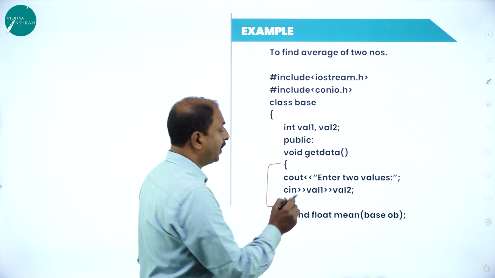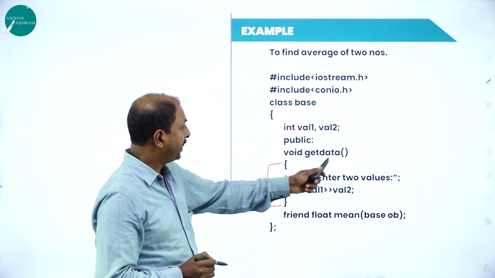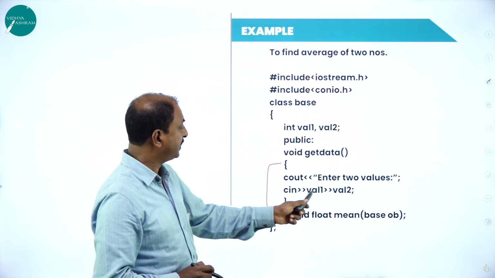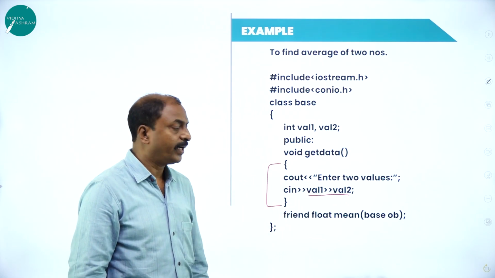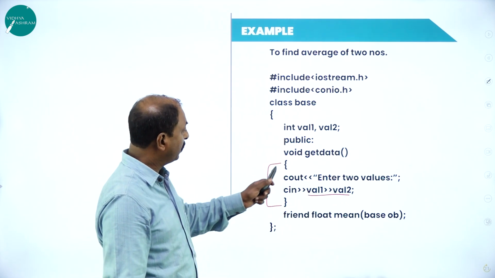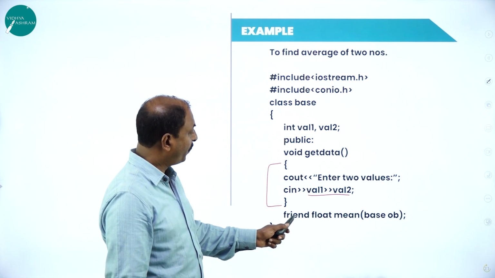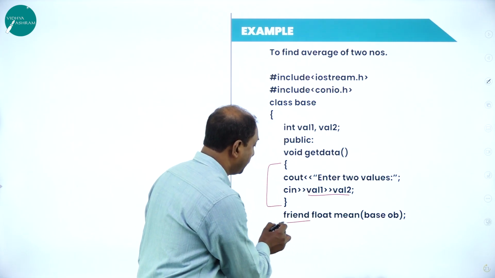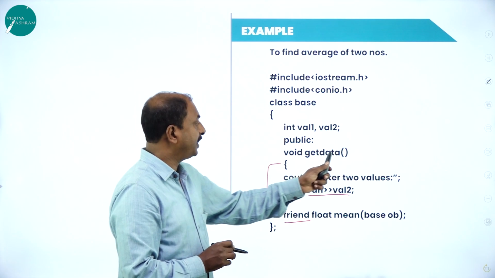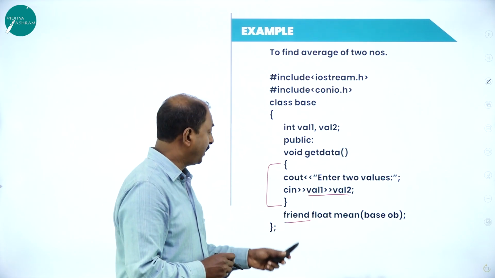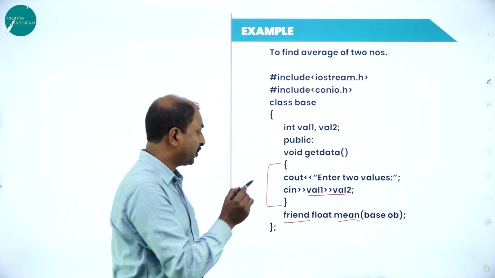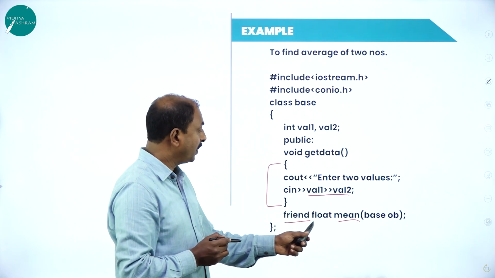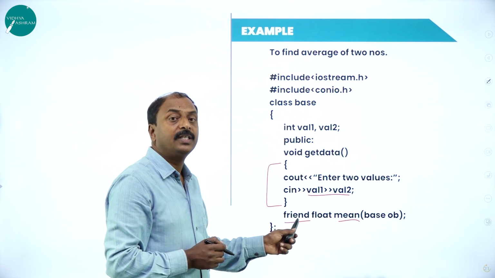This is a normal function, void getdata, where we accept two values for val1 and val2, and close this. Next one is friend. We can make out void getdata is a normal function, and here friend float mean. Here mean is the name of the function, the data type is float, and here friend.